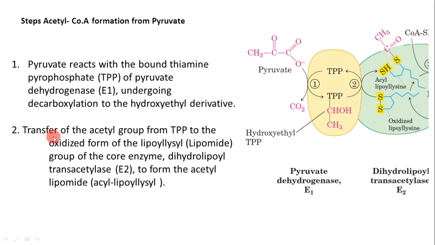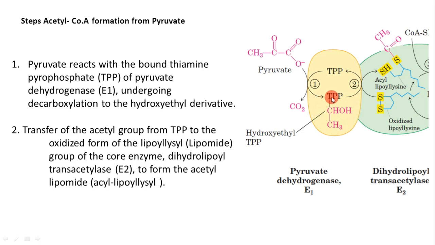In the second step, transfer of the acetyl group from TPP to the oxidized form of the lipoyl lysyl or lipomide group of the core enzyme by the enzyme dihydrolipoyl transacetylase E2 to form acetyl lipomide. Here you can see the thiamine pyrophosphate with its hydroxyethyl group.